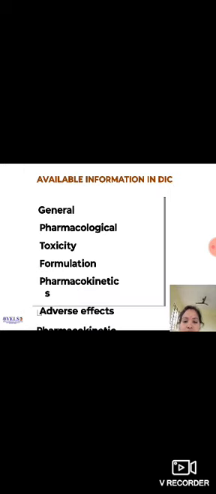The information available in the DIC includes general information and pharmacological information, like the category of the drug, the mechanism of action, the ADR (adverse drug reaction), drug-drug interactions, drug and food interactions, toxicity of the drugs, formulation, adverse effects, pharmacokinetics and pharmacodynamics.